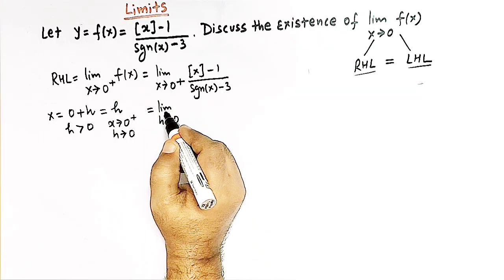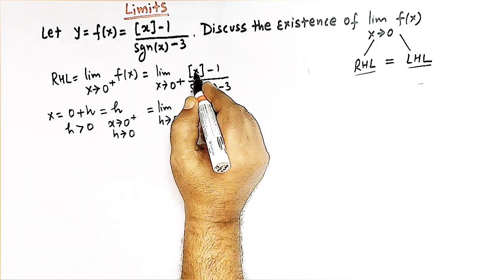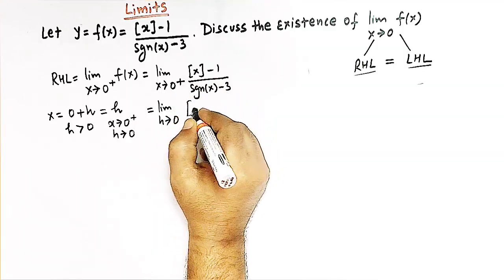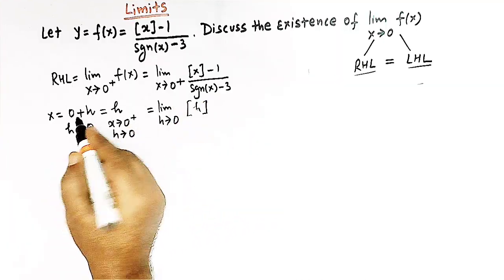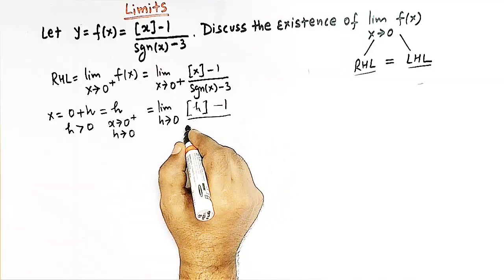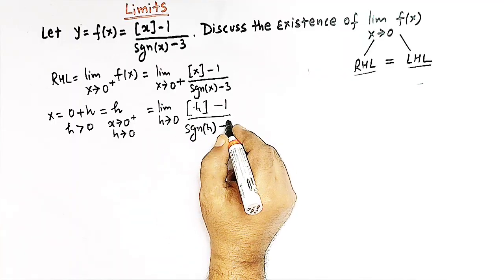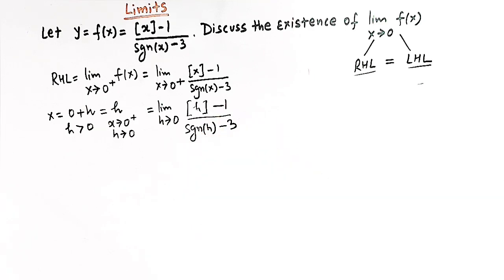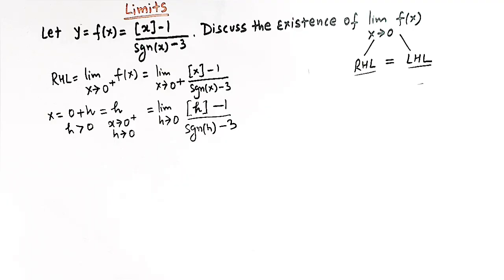So here we have now limit h tends to 0. Here for greatest integer of x, we can now write simply h, or 0 plus h, which is equal to h, and here we have minus 1, and here we have signum of h, and here we have minus 3, right?